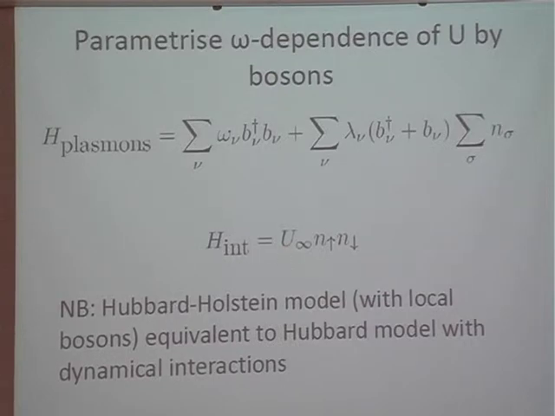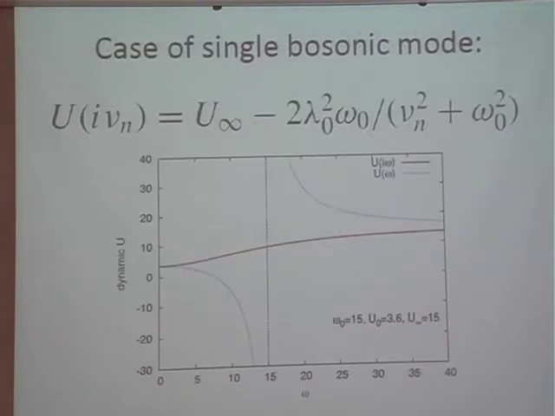Then you find that if you take that Hamiltonian on top of the part with the Weiss field, and you integrate out the bosonic degrees of freedom, you get back to a purely fermionic model with frequency-dependent interactions. And that's natural because you know, probably or maybe, that indeed the Hubbard-Holstein model can be mapped onto a Hubbard model with dynamical interactions. So how does this U look like?